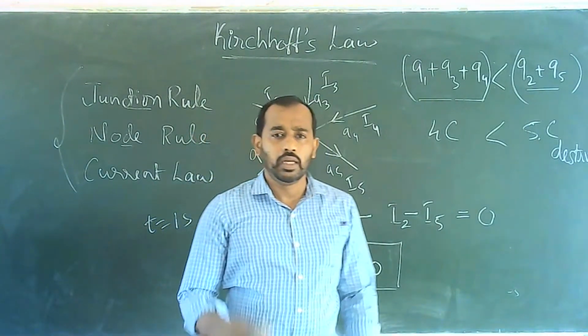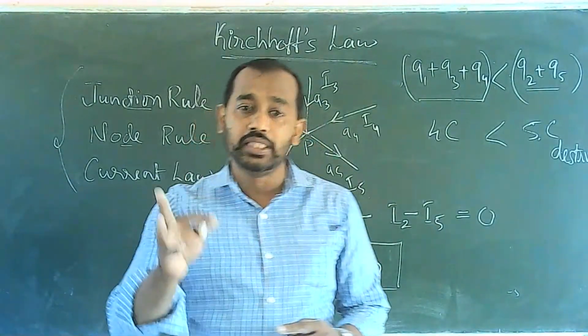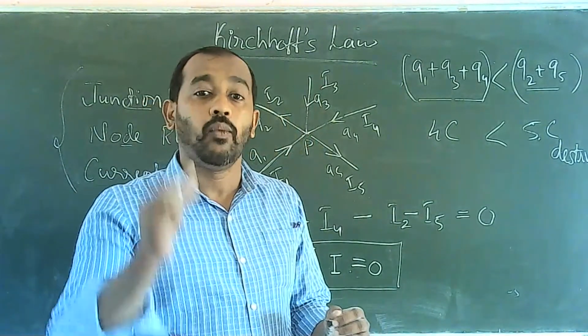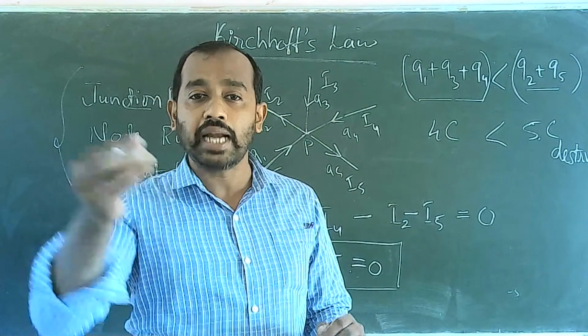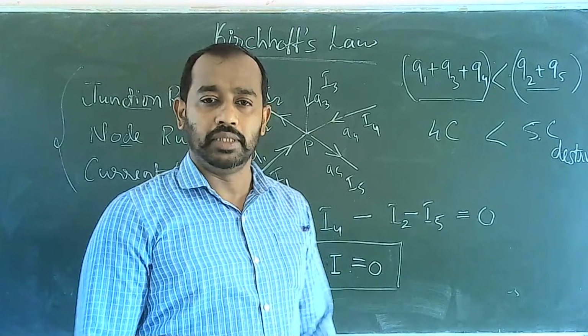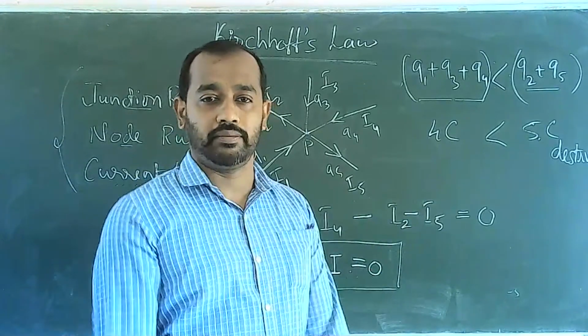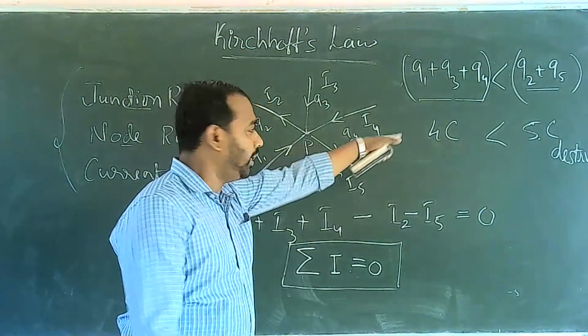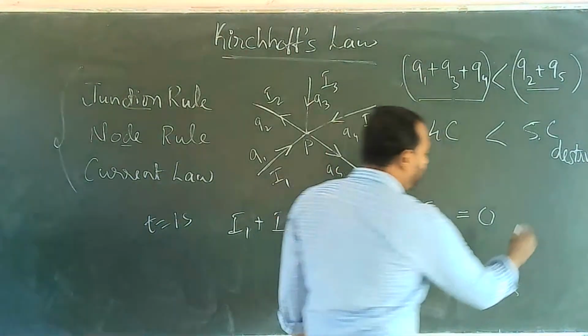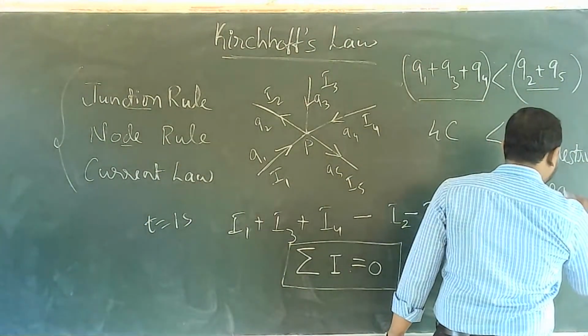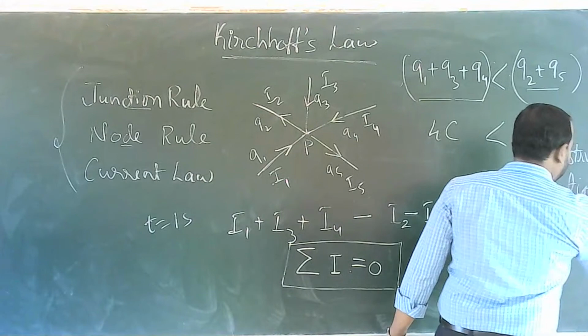What does it mean? In a time interval of 1 second, again 1 coulomb of charge is created. It came out of nowhere and it will be leaving the junction. So it indicates that there is a creation of charges.